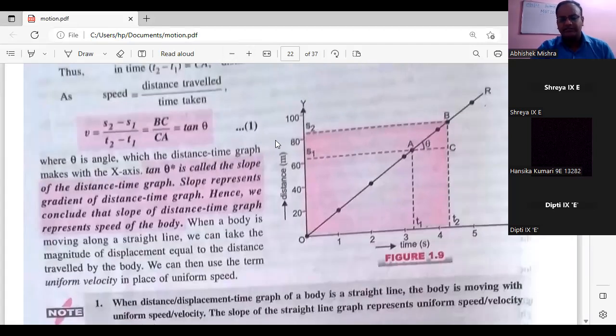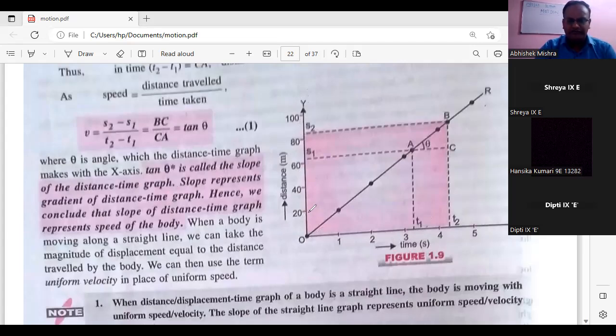All of you, look at the graph properly. In this graph, on the x-axis, the time is plotted 0, 1, 2, 3, 4, 5 seconds, and on the y-axis, the distance covered is plotted: 0, 20, 40, 60, 80.